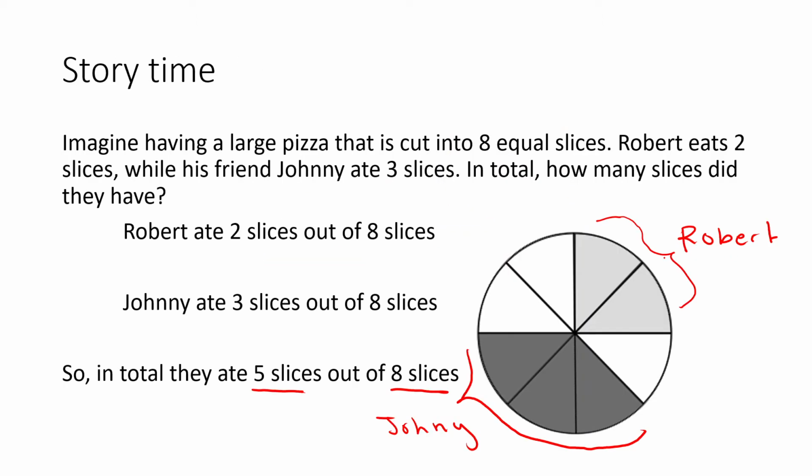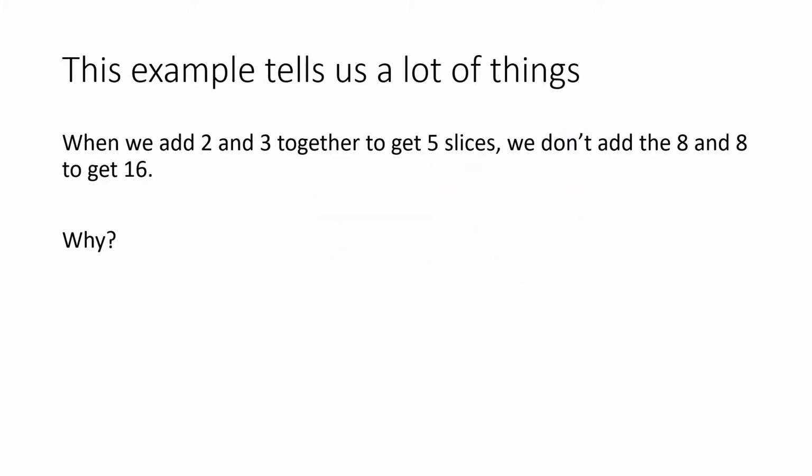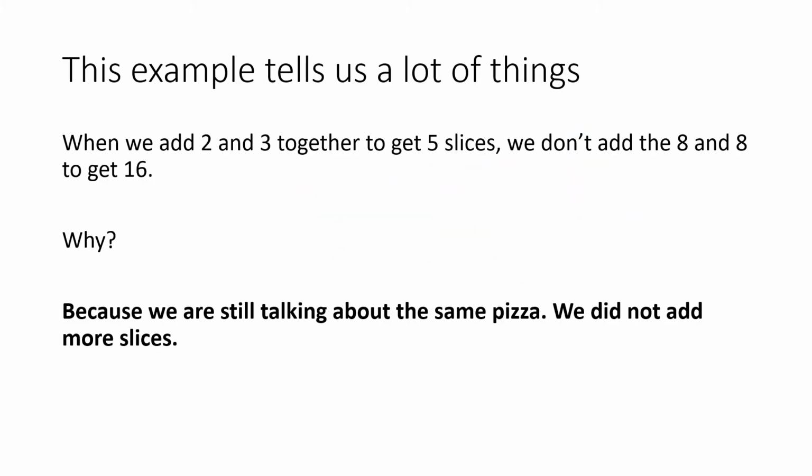Robert and Johnny are getting slices from the same pizza. When we add 2 and 3 together, your pizza doesn't magically increase in size. You're not going to have 16 slices, you're still going to have 8 slices altogether. So it doesn't make sense to add the denominators.